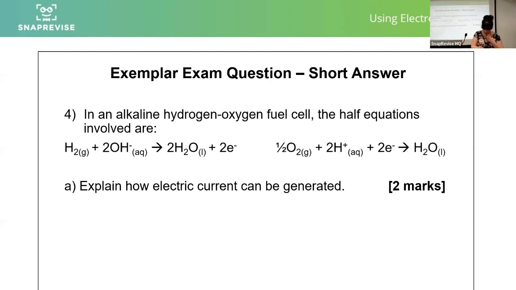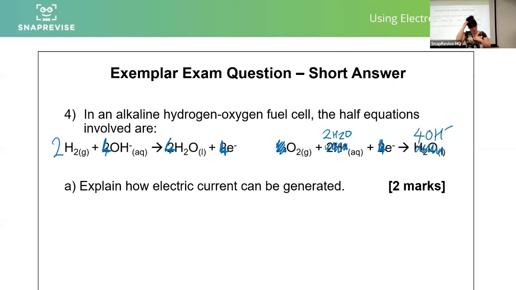It should say O2 plus 2H2O plus 4 electrons goes to make 4 hydroxide.